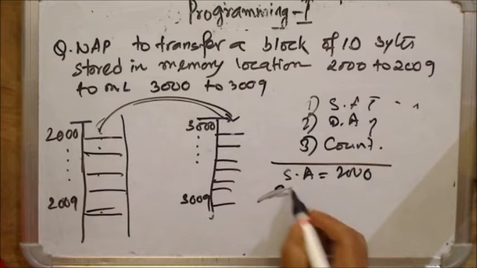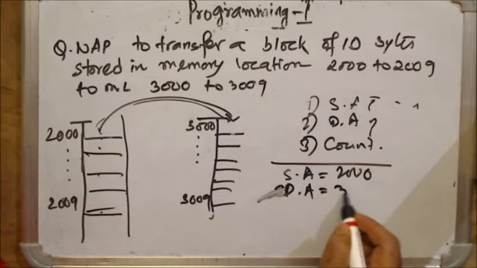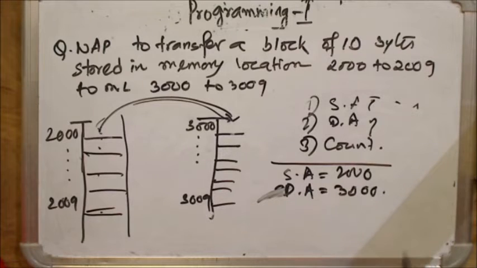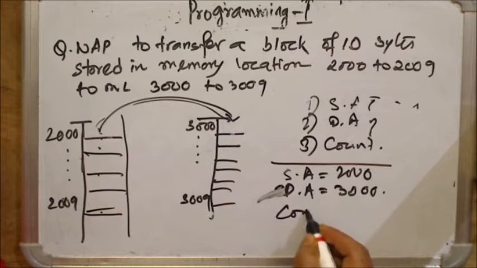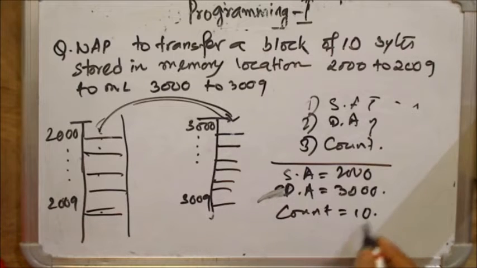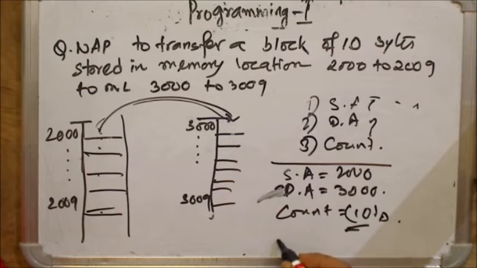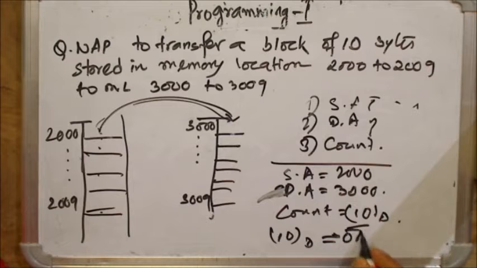The destination address is 3000, right? And the count is 10, but 10 is in decimal. You have to work in hexadecimal, so convert the count from decimal to hexadecimal, that is 0AH. Fine, 0AH.